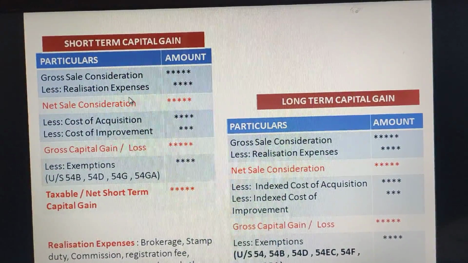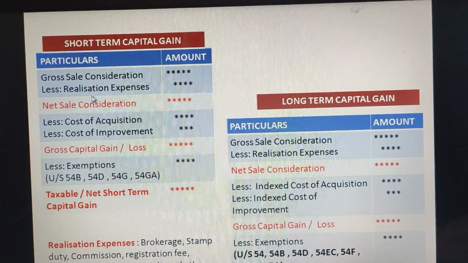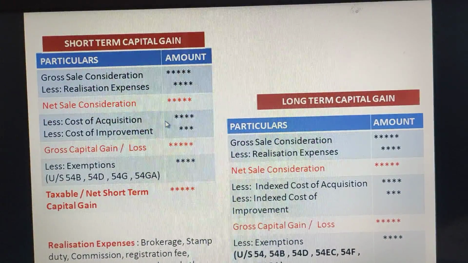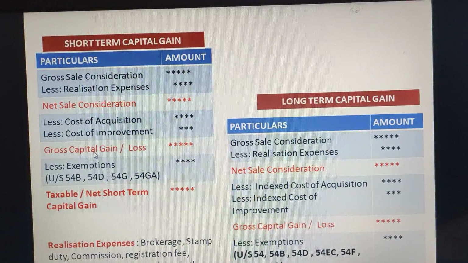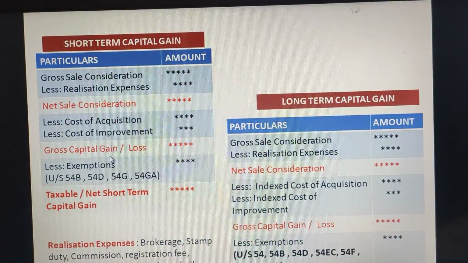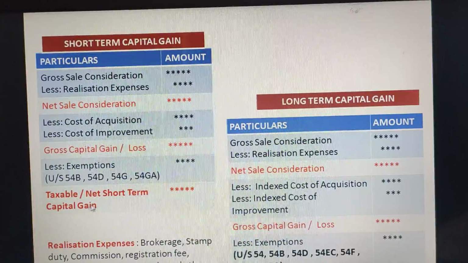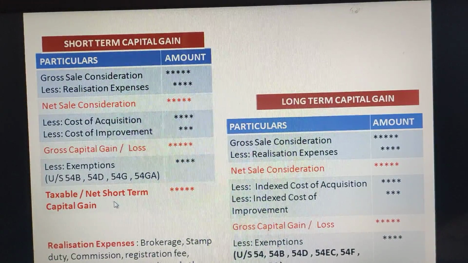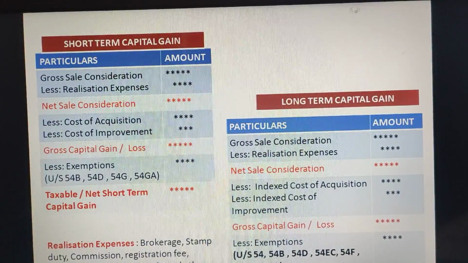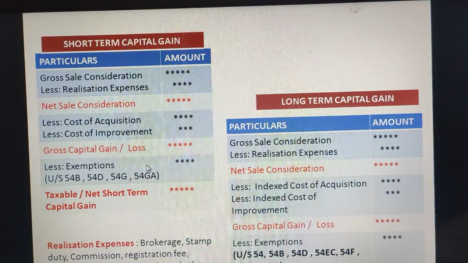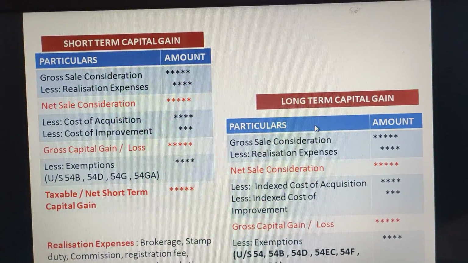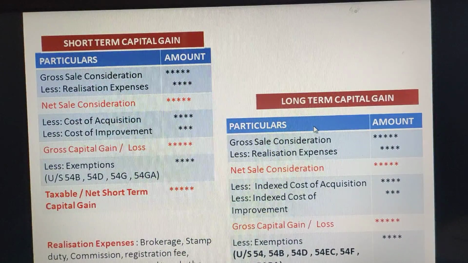Gross sale consideration minus realization expense gives net sale consideration, minus cost of acquisition, cost of improvement, you will get gross capital gain. With these exemptions you subtract, and you will get the final taxable amount of capital gains. This is for short term. Simultaneously, I would like to discuss the format of long term, which is quite similar to short term.